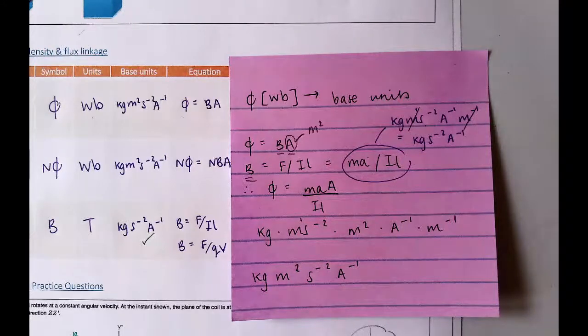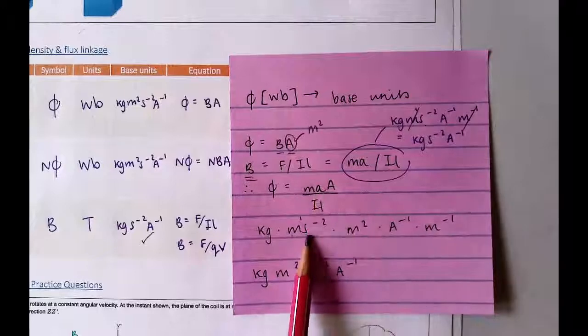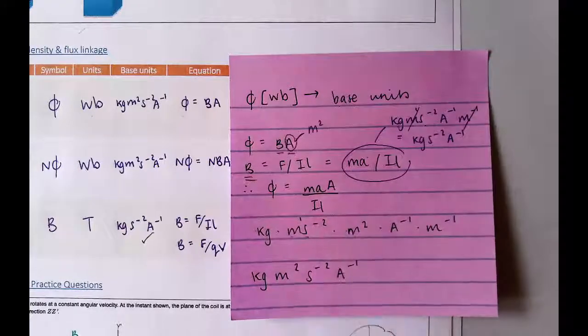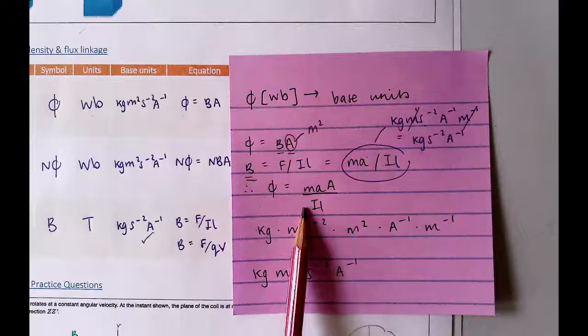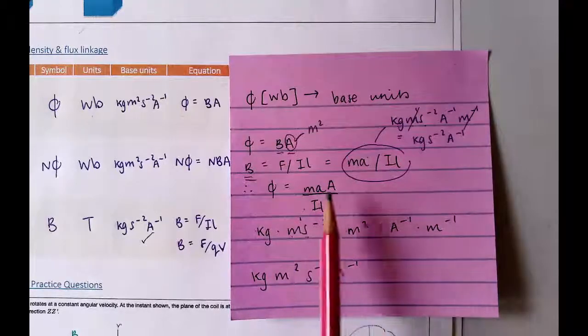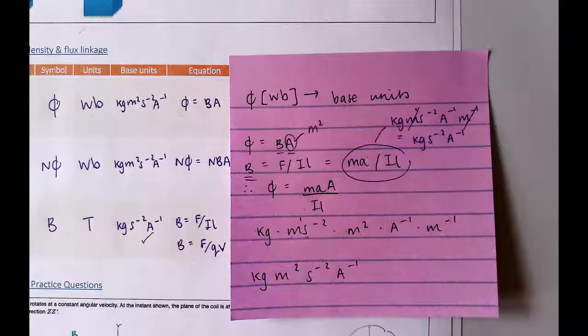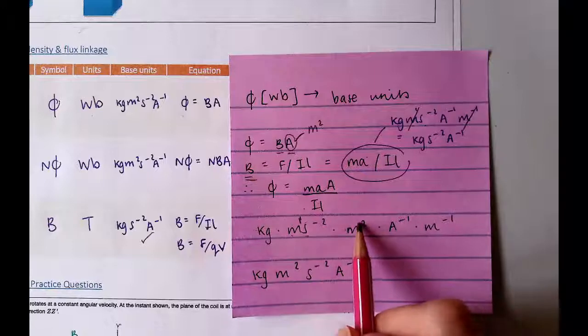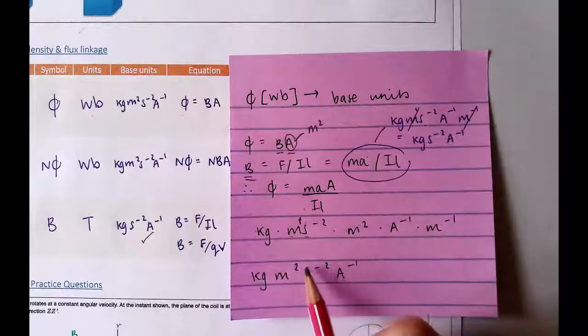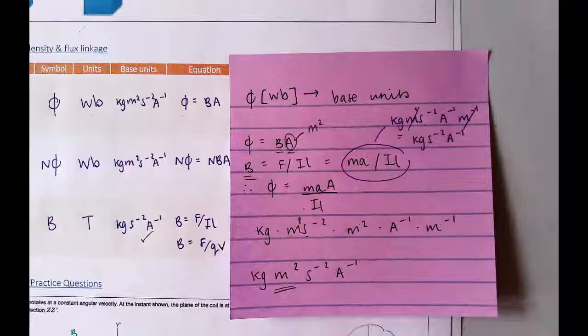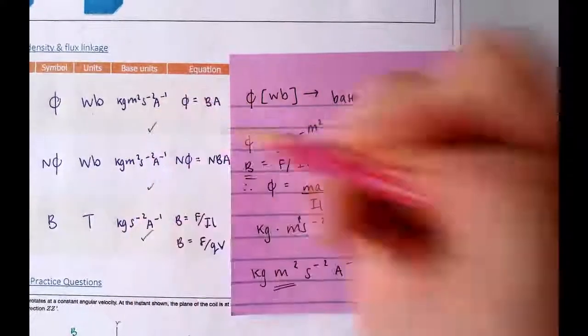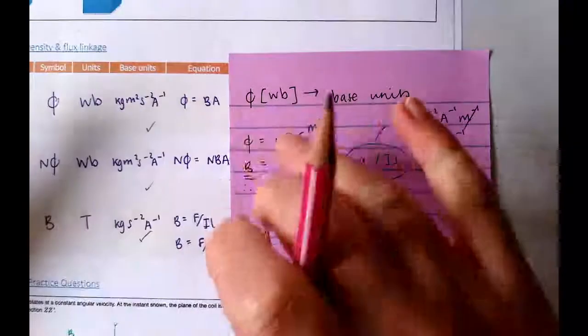So you can see again, mass is kilograms, acceleration meters per second squared, area meters squared, 1 over current, amp to the -1, 1 over length, m to the -1, and then I can gather like terms. So I've got 1 m here, I've got 2 here, so that's 3. 3 minus 1 gives me 2, so I get m squared to end with, s to the -2, A to the -1. So that's how I'm getting my base units here.